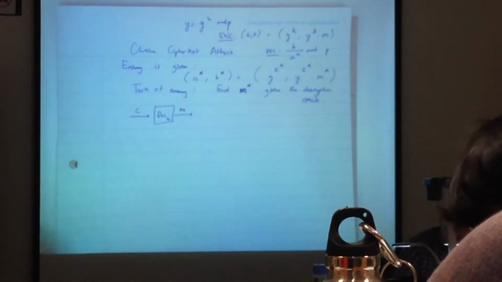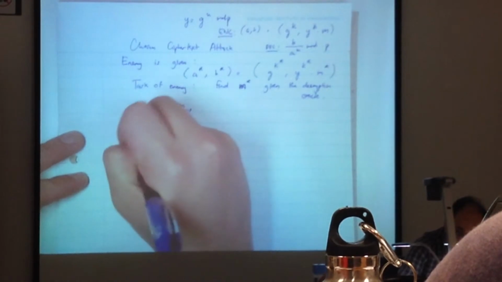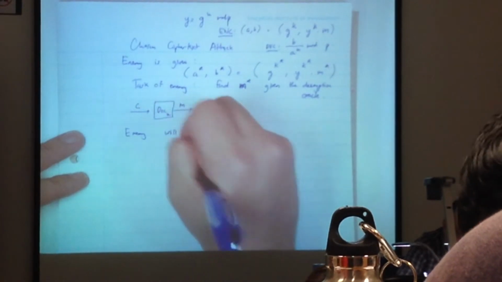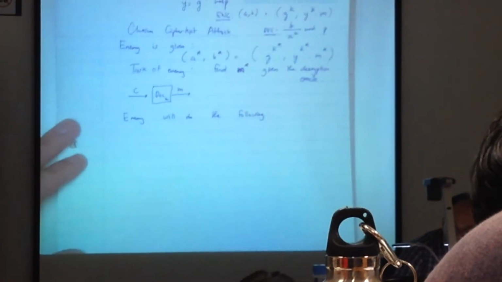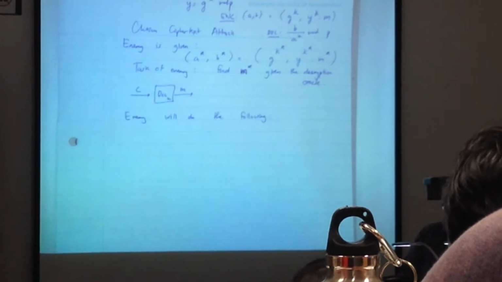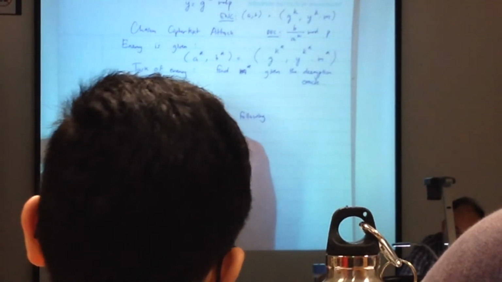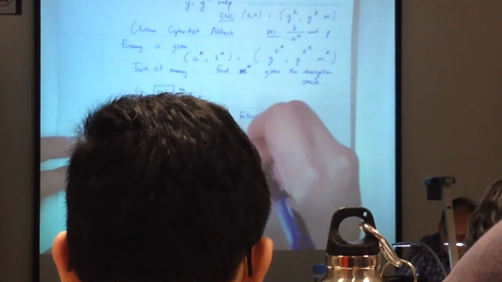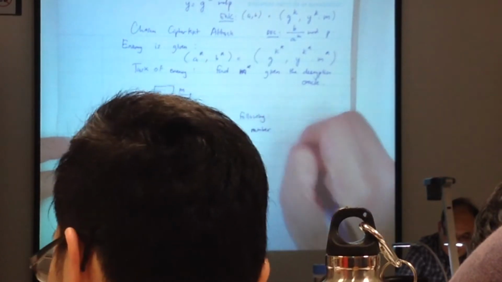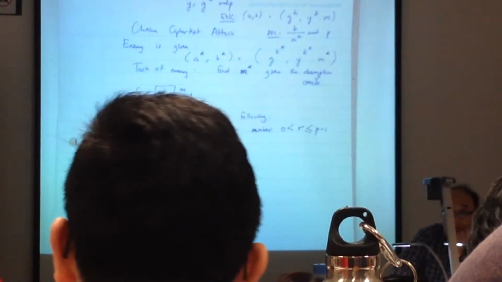So how can the enemy output M star? The enemy will do the following. Remember the question is A star, B star. You cannot give A star, B star to the decryption program. So the enemy will select a random number R, between 0 and P minus 1, any random number.